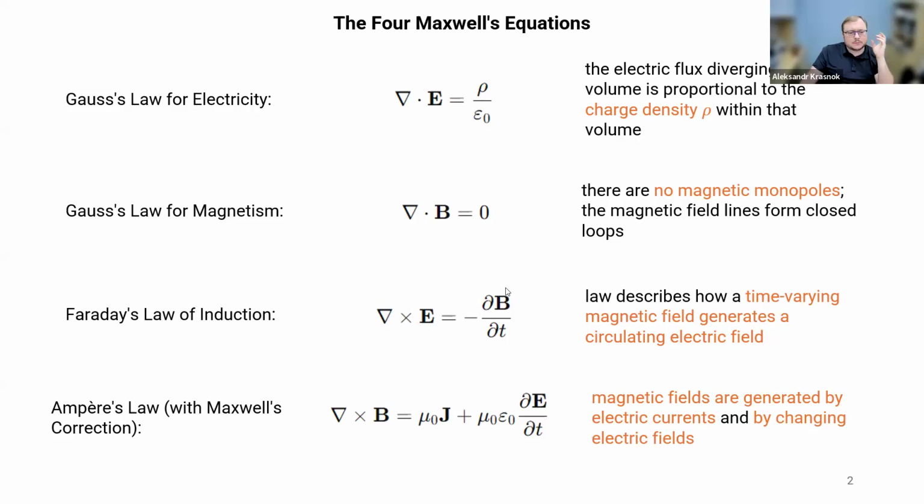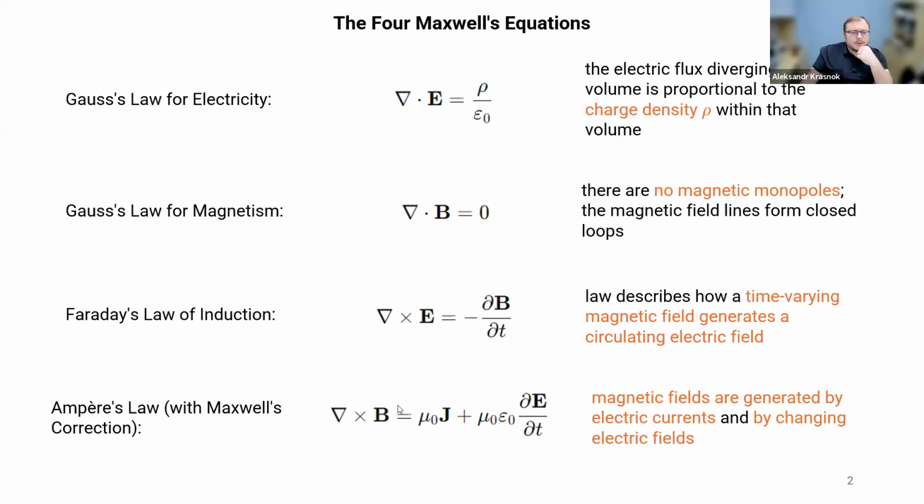Faraday's law of induction, which was the main one for the previous lecture, says that if you have a magnetic field changing in time, it will unavoidably create a curl of the electric field. So a changing magnetic field creates an electric field, just like in a wire loop, where a changing magnetic field creates a current, the electromotive force.